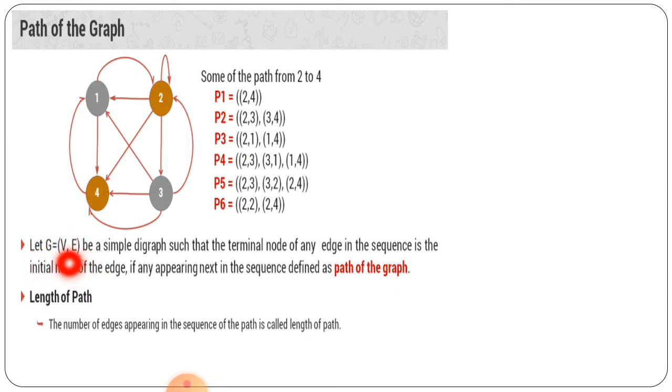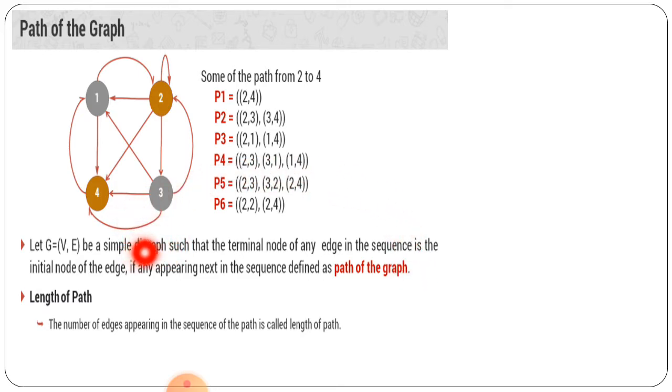Now let G equal to V comma E be a simple diagram such that the terminal node of any edge in the sequence is the initial node of the edge appearing next in the sequence. That is defined as a path of the graph, we can say.